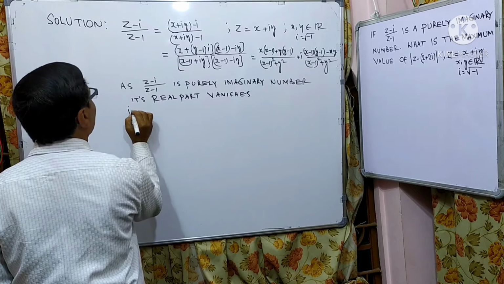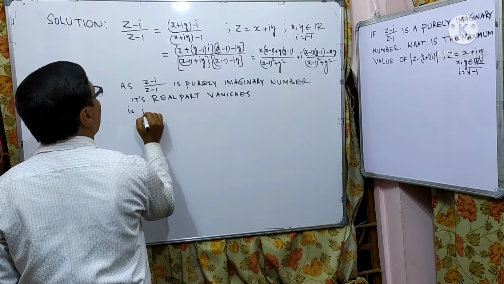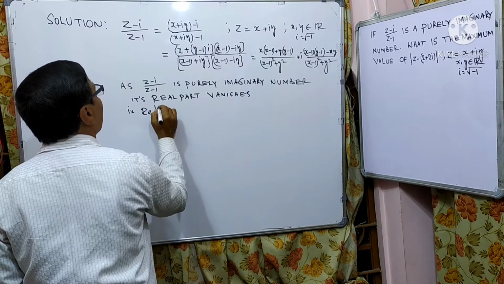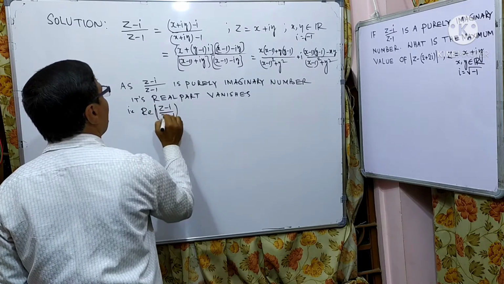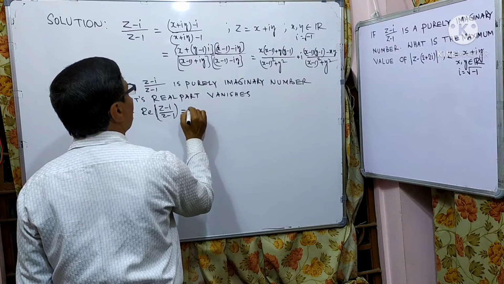That is, the real part of (z minus i) over (z minus 1) equals 0.